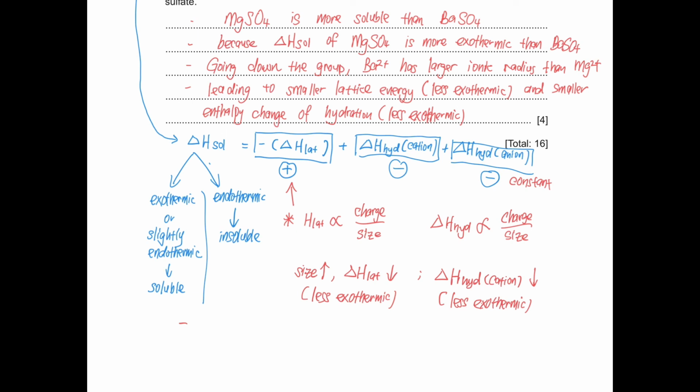So you have to say that the fifth point: decrease in delta H hydration of the cation is greater than the decrease in lattice energy.